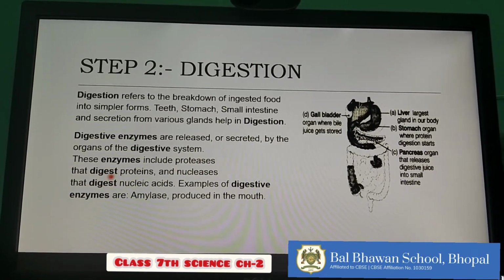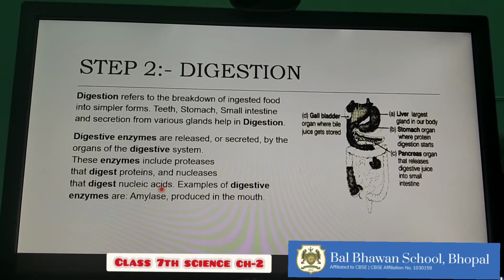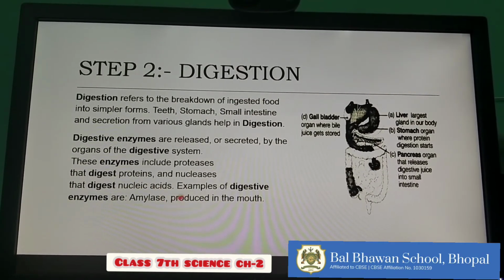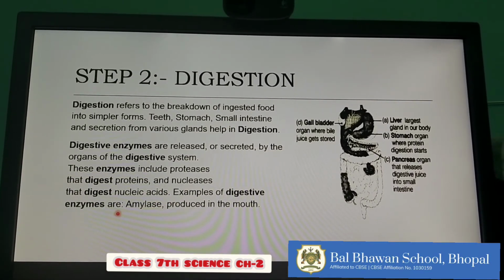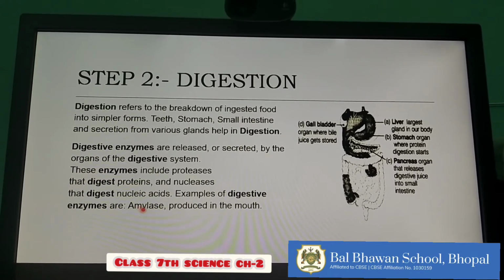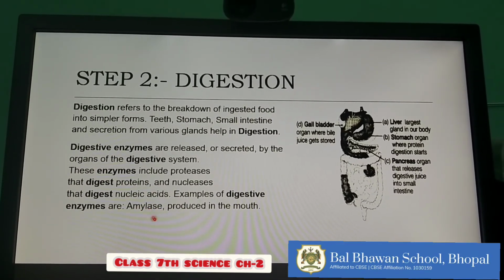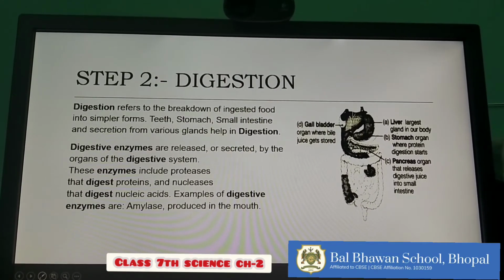Proteases means those enzymes which digest protein. Nucleases means those which digest nucleic acid. Now, the enzymes responsible for the process of digestion are basically amylase, that is the salivary amylase found in the saliva and produced in the mouth.